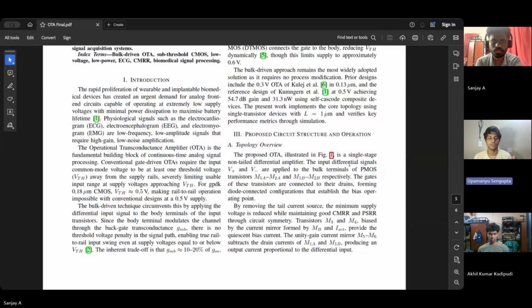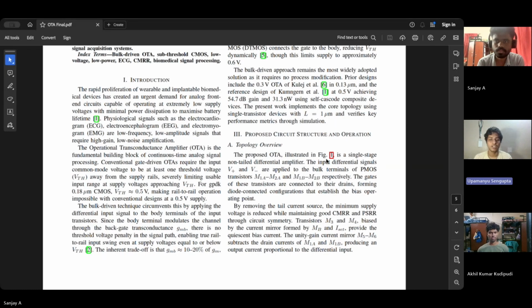Then we have quasi-floating gate, which is a similar concept but without the UV erase requirement, though it brings its own biasing issues. Then there is the dynamic threshold MOSFET. It ties the gate to the body to dynamically lower the threshold voltage. It works, but it limits the supply voltage to around 0.6 volts due to forward junction current, and it doesn't scale very well.